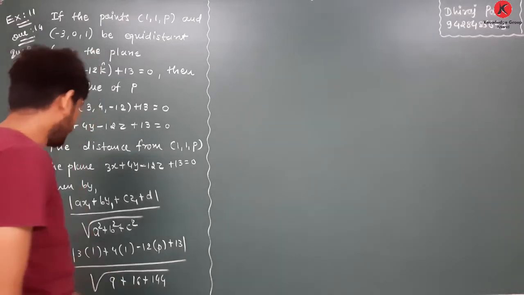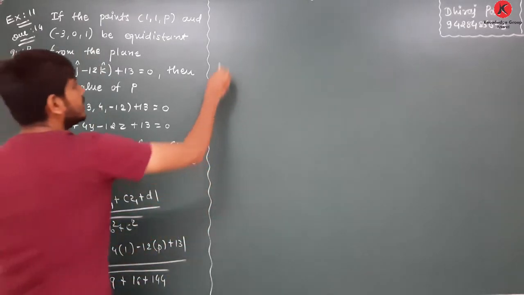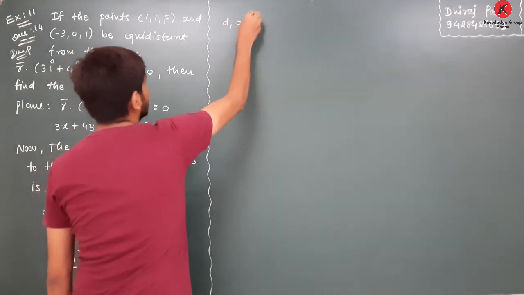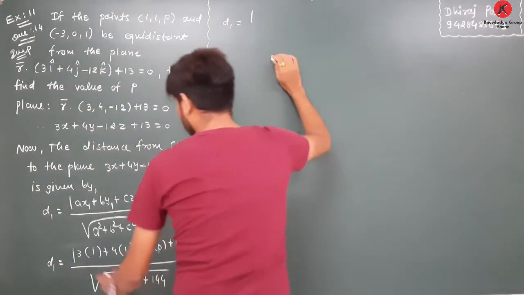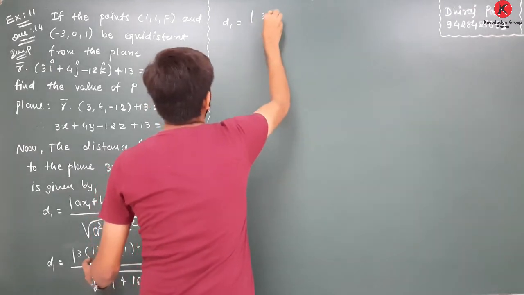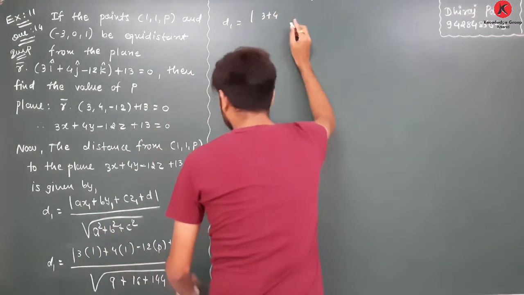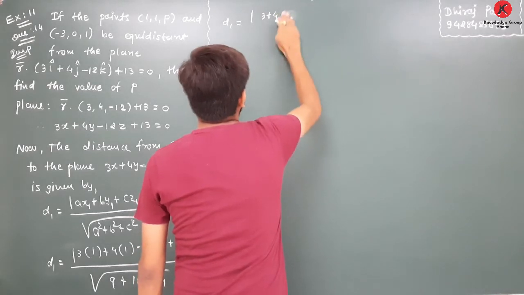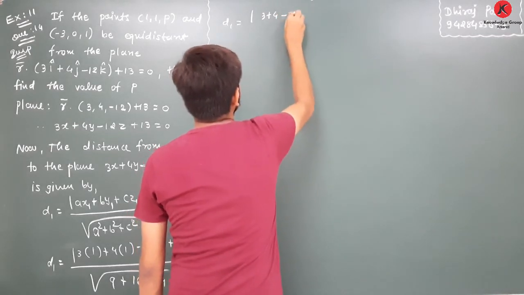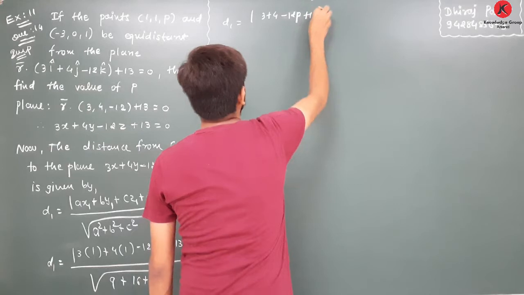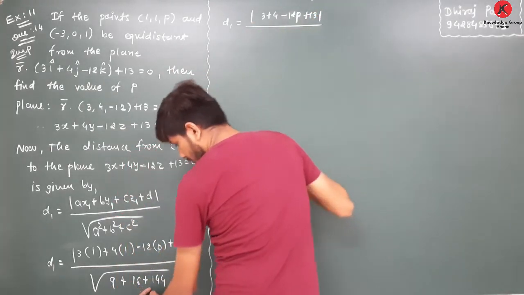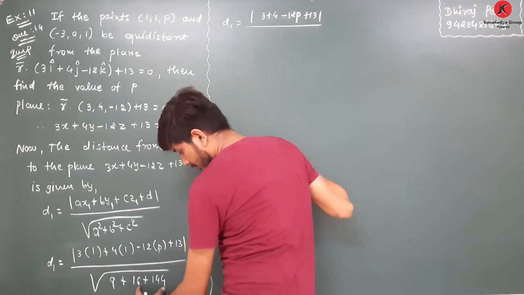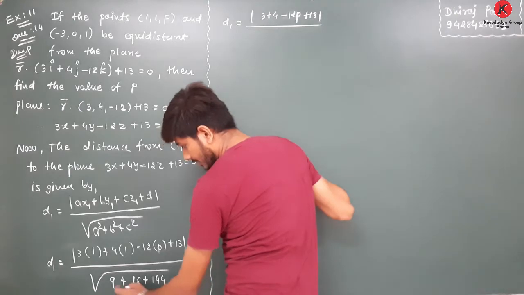144. Simplify this thing, we are getting d1, the distance d1 equals to modulus of 3 plus 4 minus 12p plus 13, divided by 144 plus 16, 6 plus 4 10 and 4 plus 1 5, and 169.